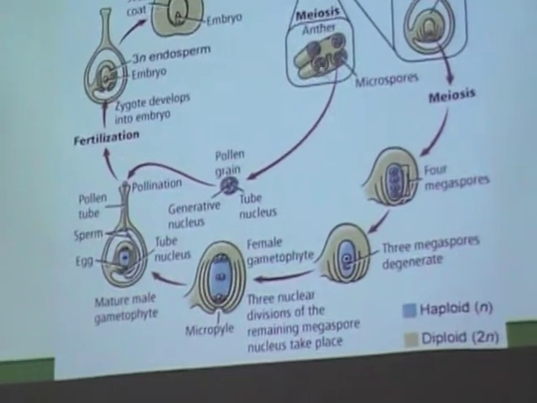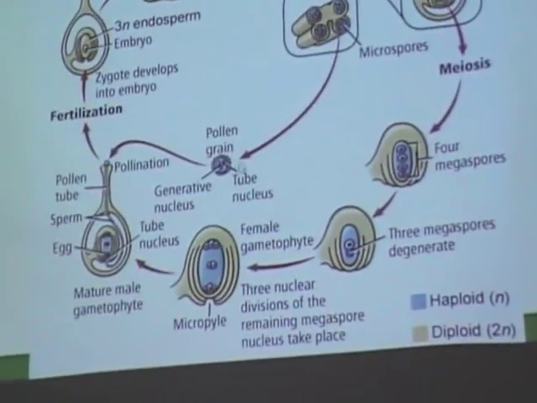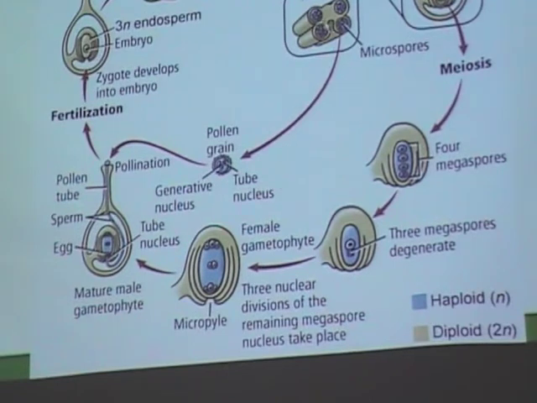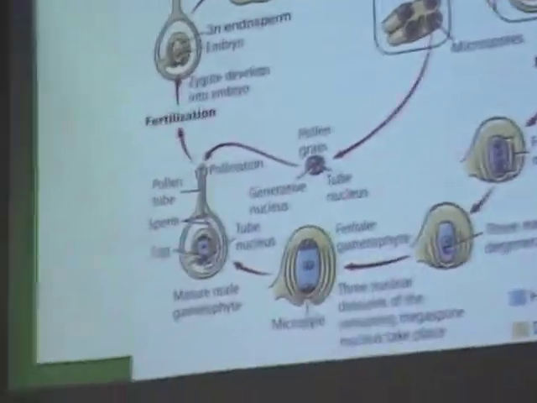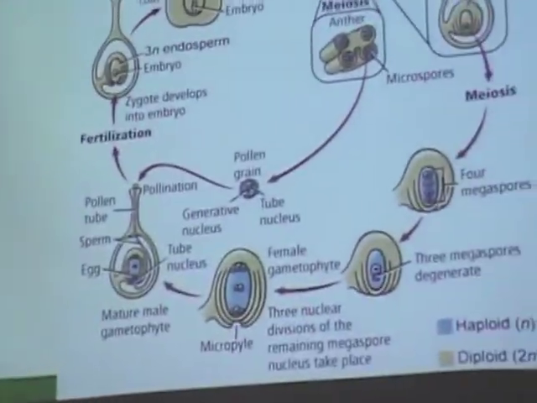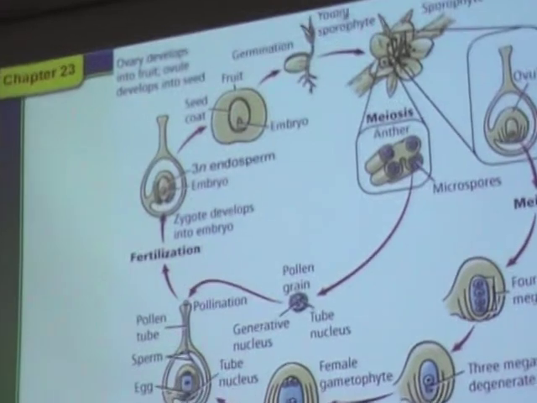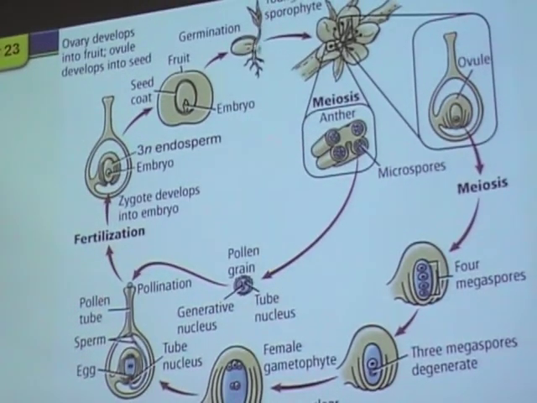What we're going to do is go through this and take a look at how a flowering plant does its reproduction. Now, we're going to start with the sporophyte. The sporophyte is the young plant. It's the diploid plant. The plant grows into its adult form, which is a flowering plant.